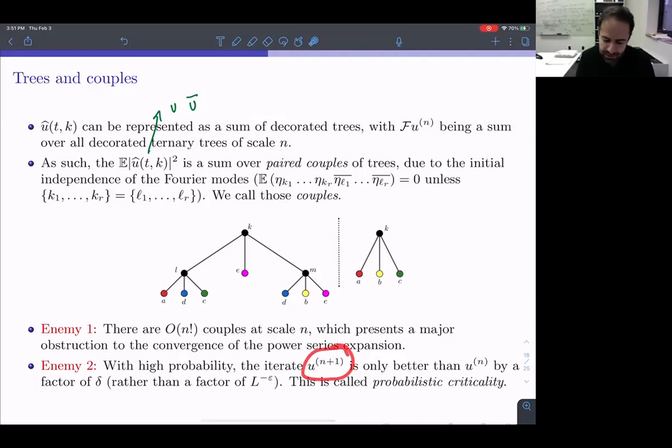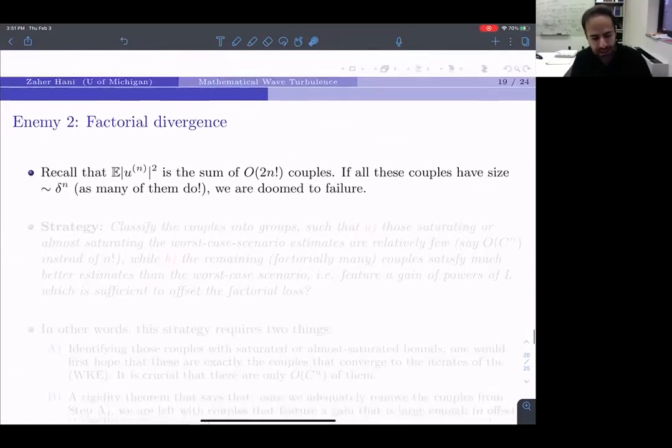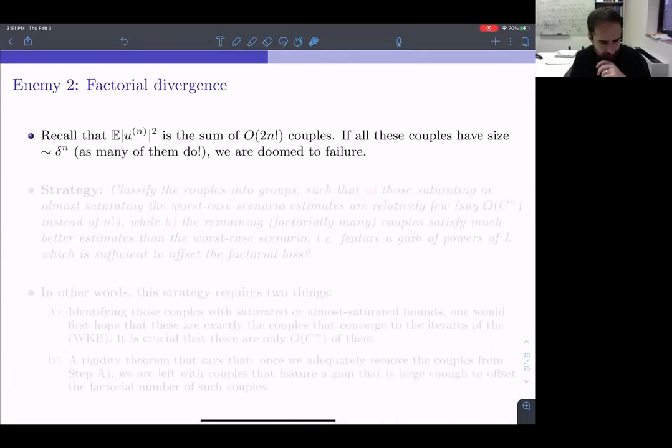Roughly speaking, this probabilistic criticality tells you that the n plus first iterate is only better than the nth iterate by a factor of delta. Okay, so maybe let me skip this criticality because I'm running out of time, but I will discuss the second and in a way more serious enemy, which is this factorial divergence.